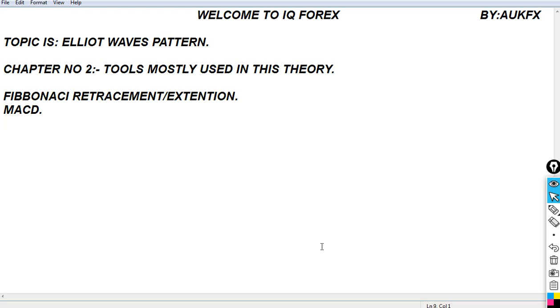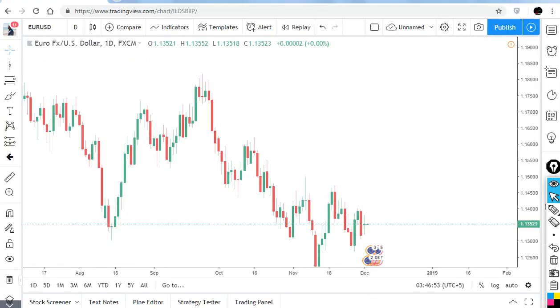Now in chapter 2 we are taking only two things: the tools used to identify where the pattern is, and what type of wave is upcoming according to Fibonacci retracement. Sorry, allow me to go to the chart and we start.